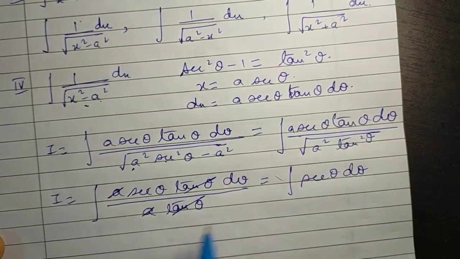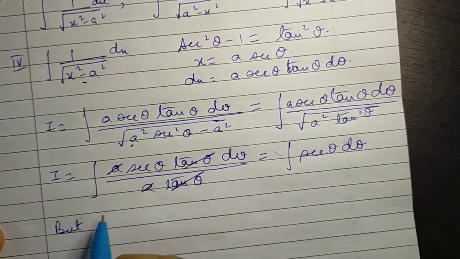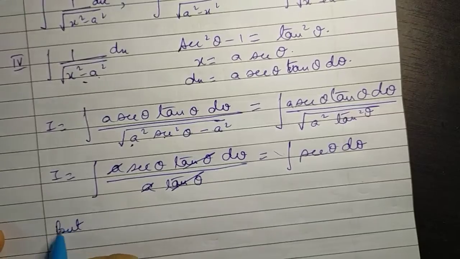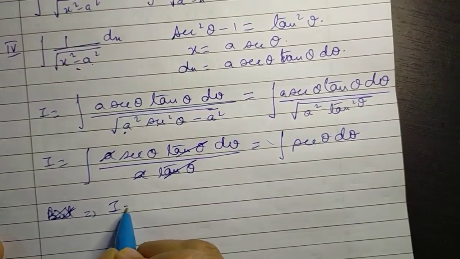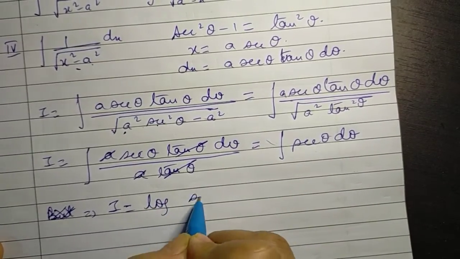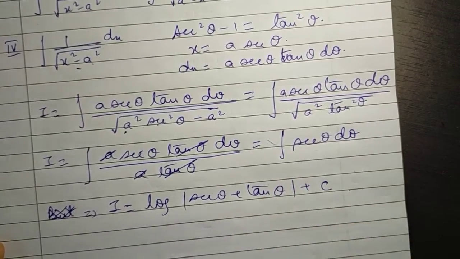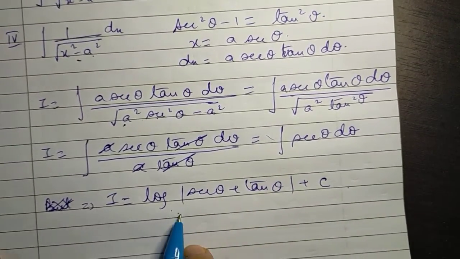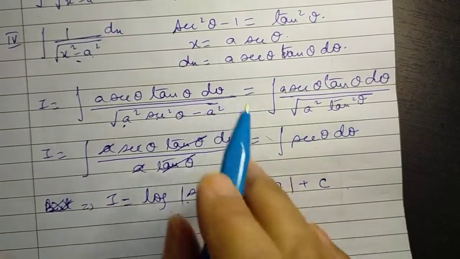Now before substituting back, this gives us I is equal to the integral of sec theta, which is log of sec theta plus tan theta plus a constant. Now at this stage we have to substitute back theta in terms of x.